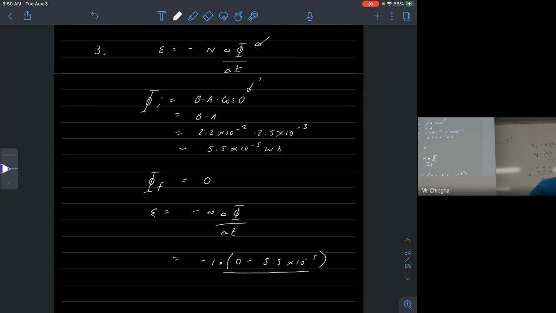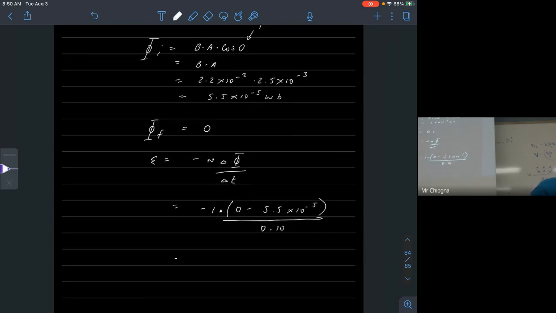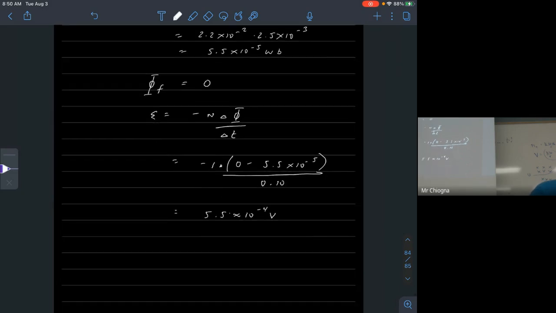And it's all done in, we're told, 0.1 seconds. So that works out to be 5.5 volts. Okay.